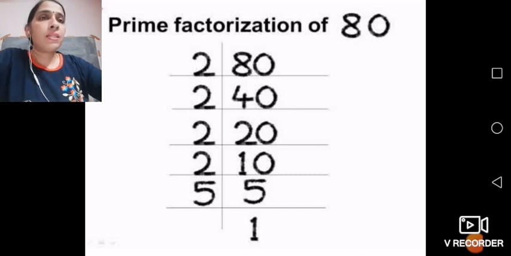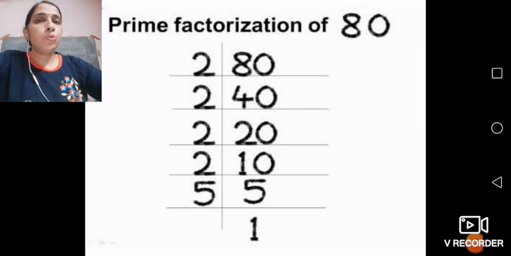Now the prime factorization of 80 is 2 multiplied by 2 multiplied by 2 multiplied by 2 multiplied by 5. That is the prime factorization of the given number, and this method is called the division method. So I hope this division method is clear to you all.